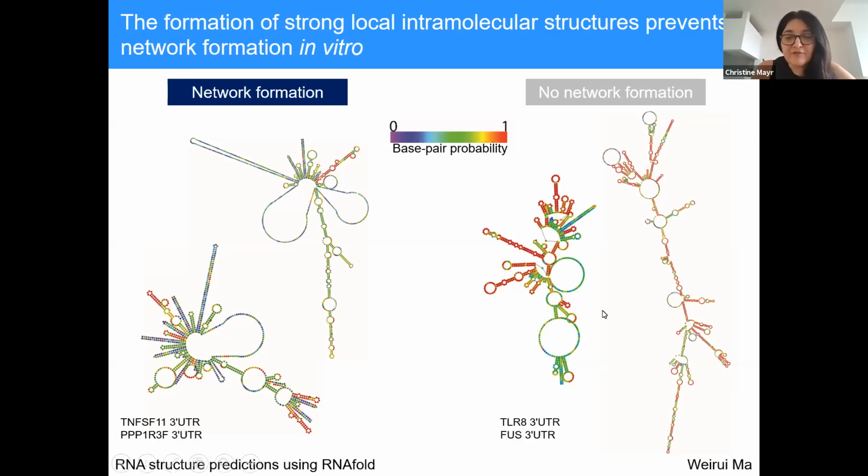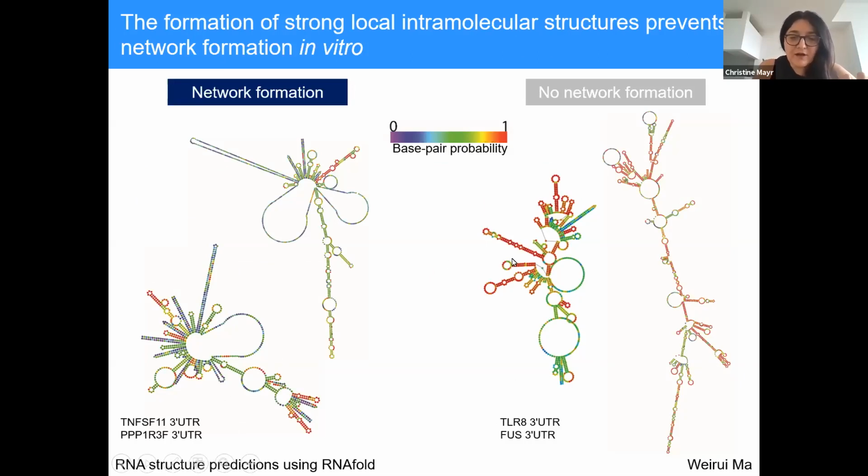So when we folded these 3' UTRs using RNAfold, you see here 2 examples of RNAs that are not able to form networks, and here are 2 that form networks. The biggest difference is the color. On the right-hand side, you see a lot of red, whereas on the left-hand side, you see more yellow, blue, and green.